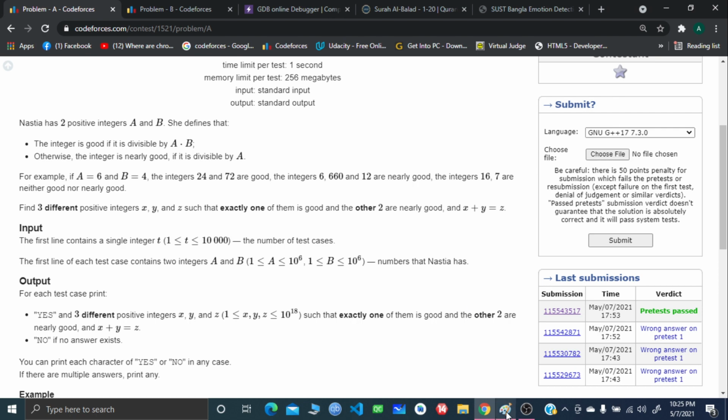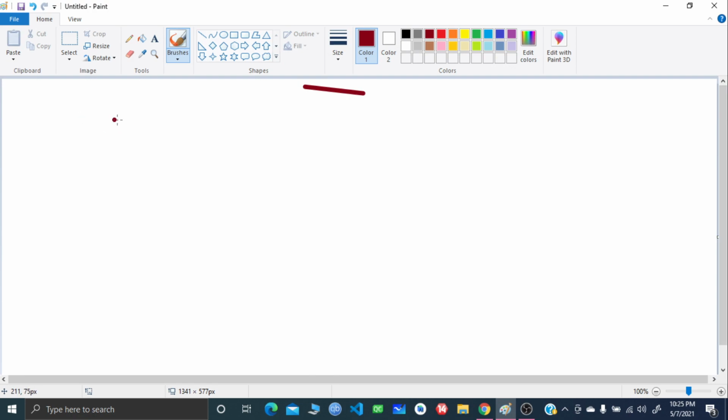So I have to build a relation between x, y, and z, where the addition of x and y should be equal to z.